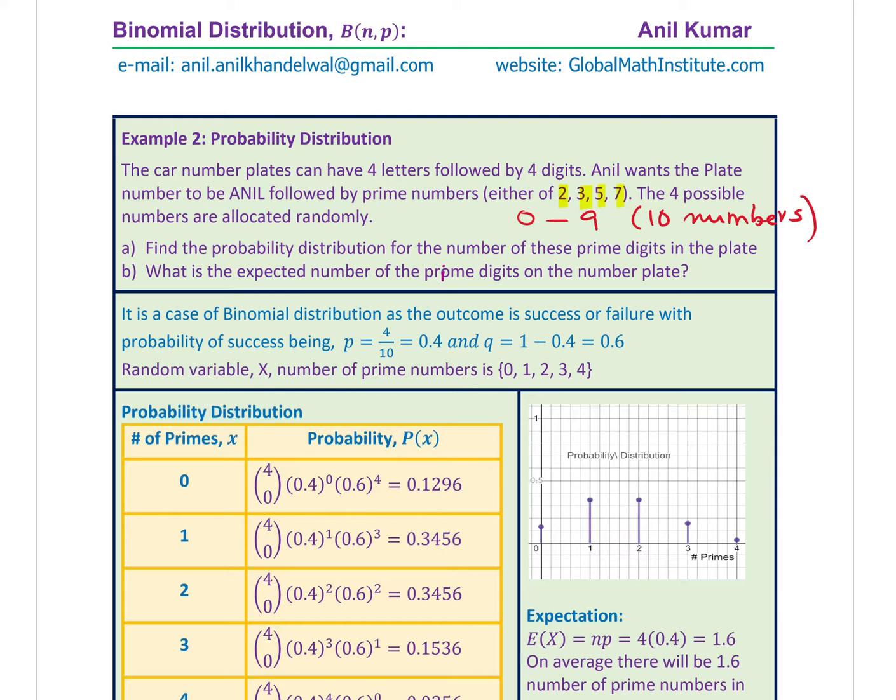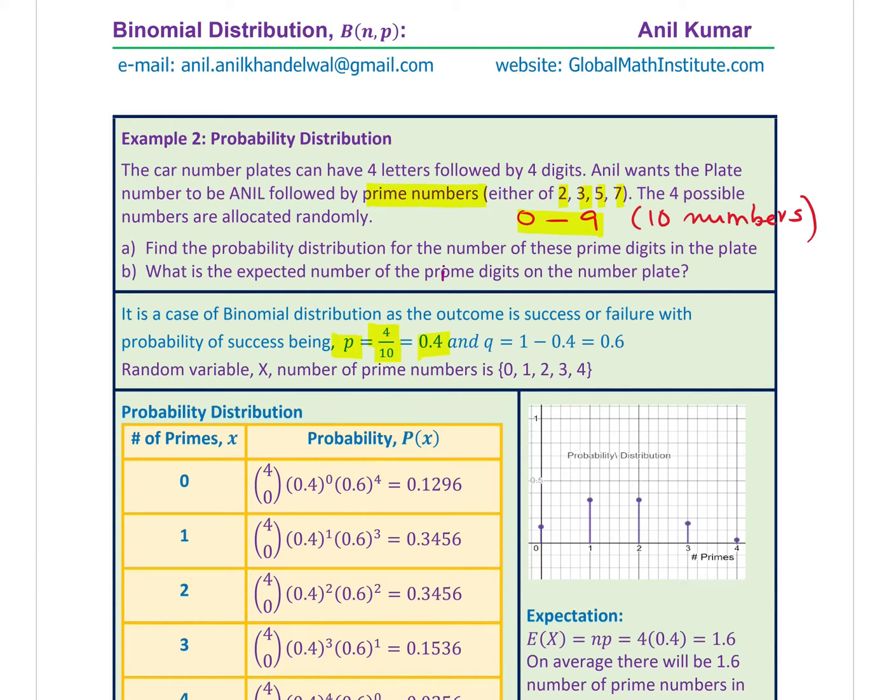So we have defined probability of success, which is a prime number. In this case, probability of success, we're looking for only the prime number. So that is the probability of success we're looking for, right? So the probability is 4 out of 10 since there are those four prime numbers within the first 10 digits. And these digits are 0 to 9, correct? So 0.4.